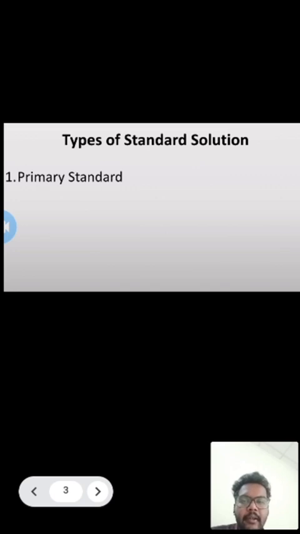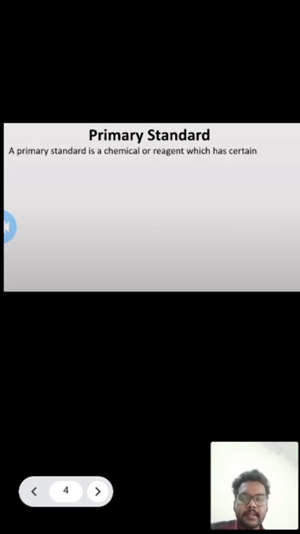Primary standards and secondary standards. Let us discuss primary standards in detail. Certain reagents or chemicals have all the properties suitable for primary standards.